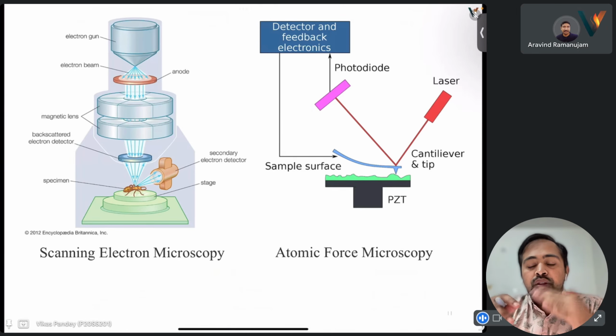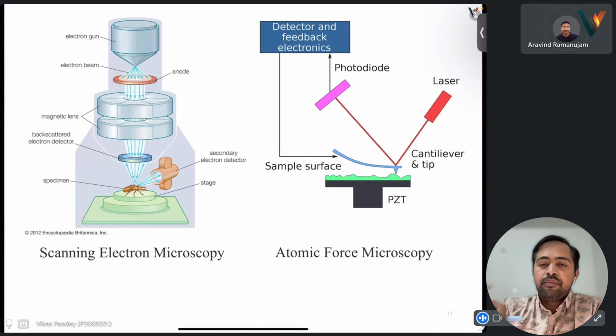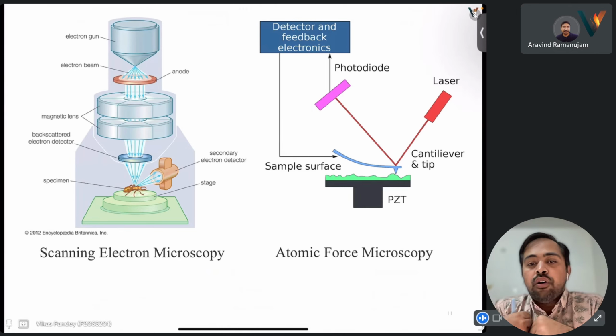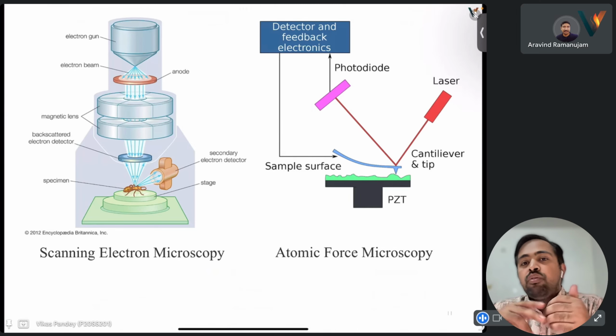Whereas in this case, the whole sample is physically scanned. It is physically touched and a 3D model is created out of it. And that is why whenever we want the surface characteristics, we go for AFM.